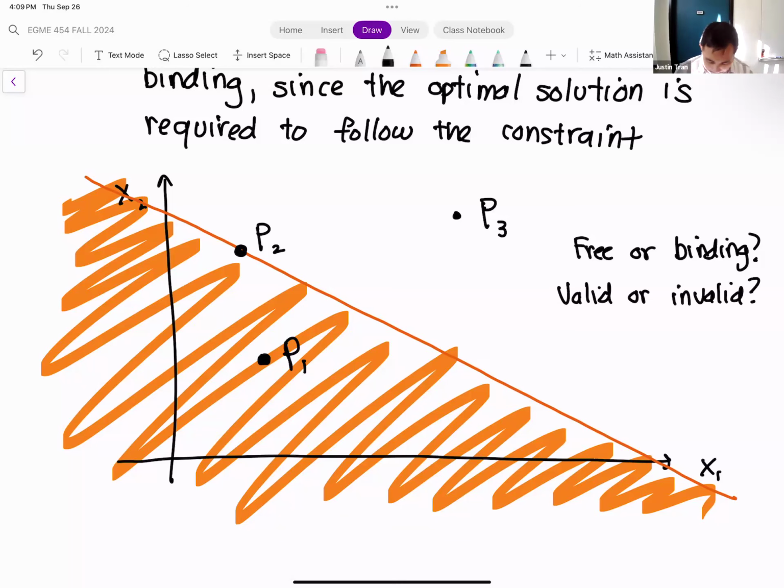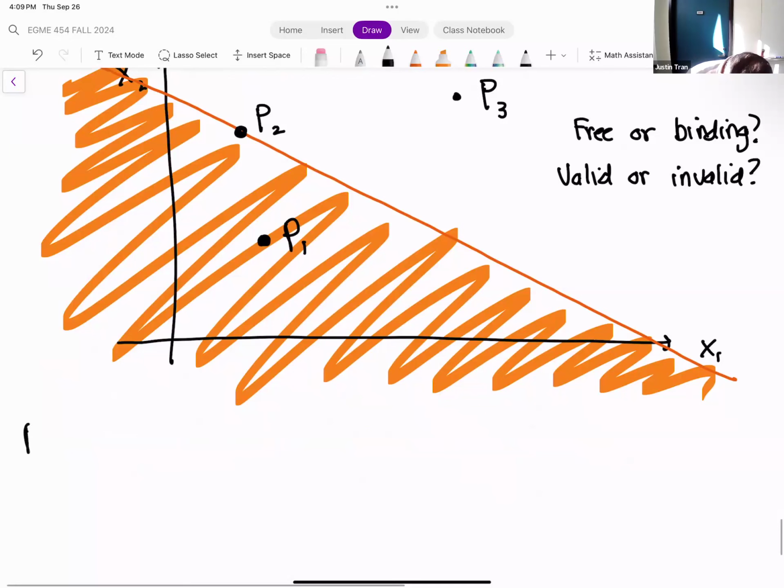Okay, so let's start with P1. P1, we can see, is very squarely in the valid region. So right away we can already say that P1 is valid. Another way to say that is that it satisfies the inequality constraint.